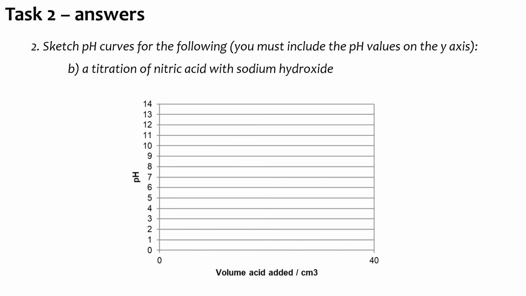For part B, we've got nitric acid, which is a strong acid being titrated with sodium hydroxide, which is a strong base. So the nitric acid is going to start around pH 1 and the sodium hydroxide finish around 13 or 14. And because we're doing the titration with the sodium hydroxide, we're going to end up at a higher pH, and we're titrating the nitric acid, so we're starting off with that.